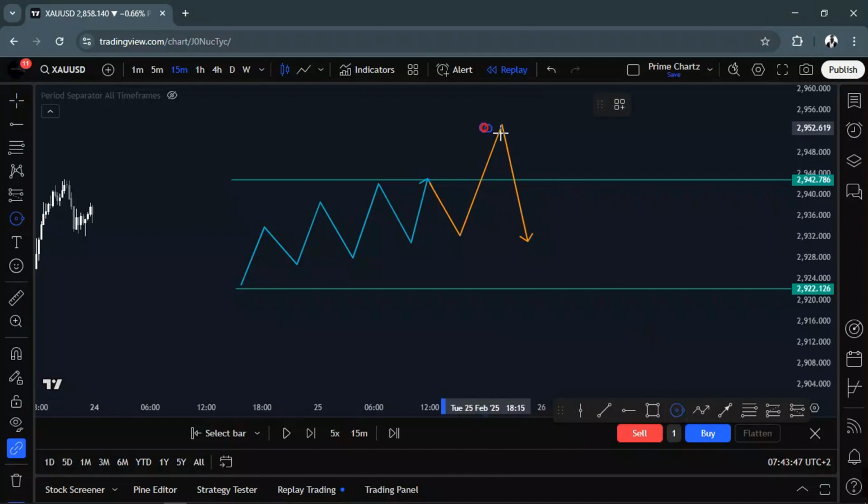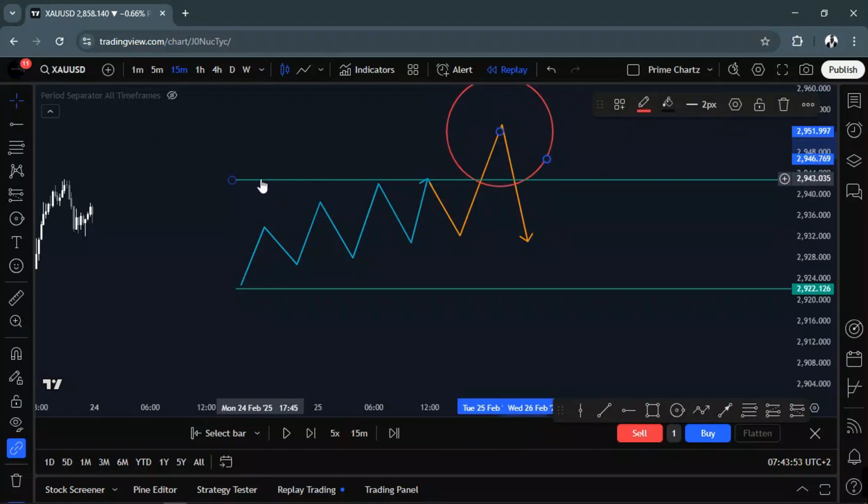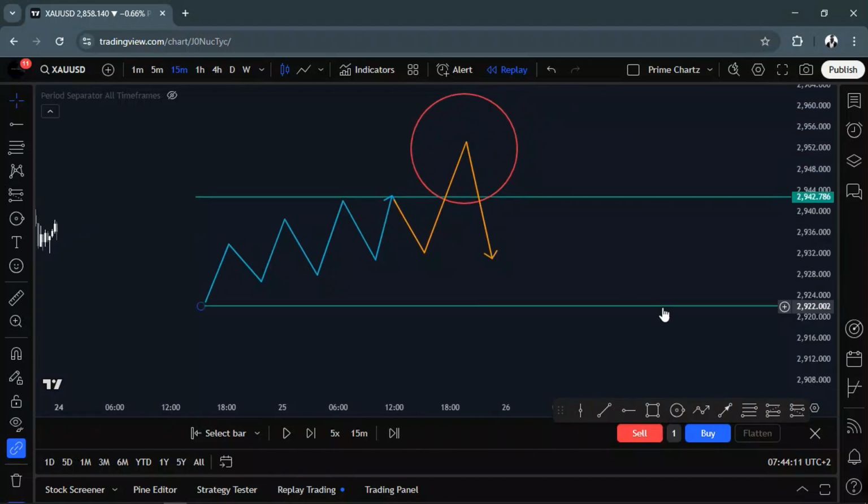And here we can see this is a liquidity sweep right here. Remember, this is our swing high. Therefore, we can see price taking out the liquidity and then quickly reversing back into the range, right? So this is the manipulation phase right here.